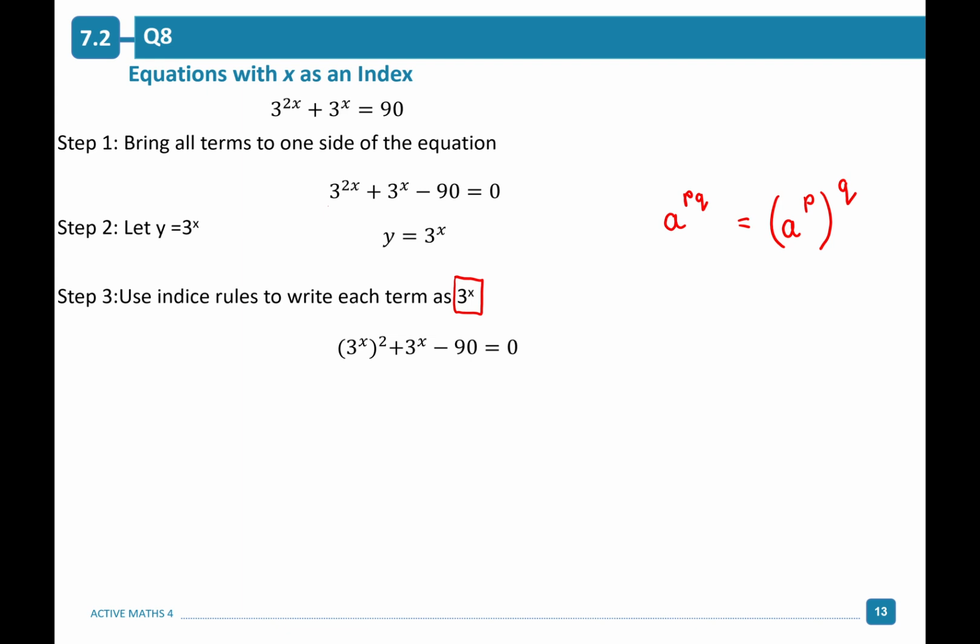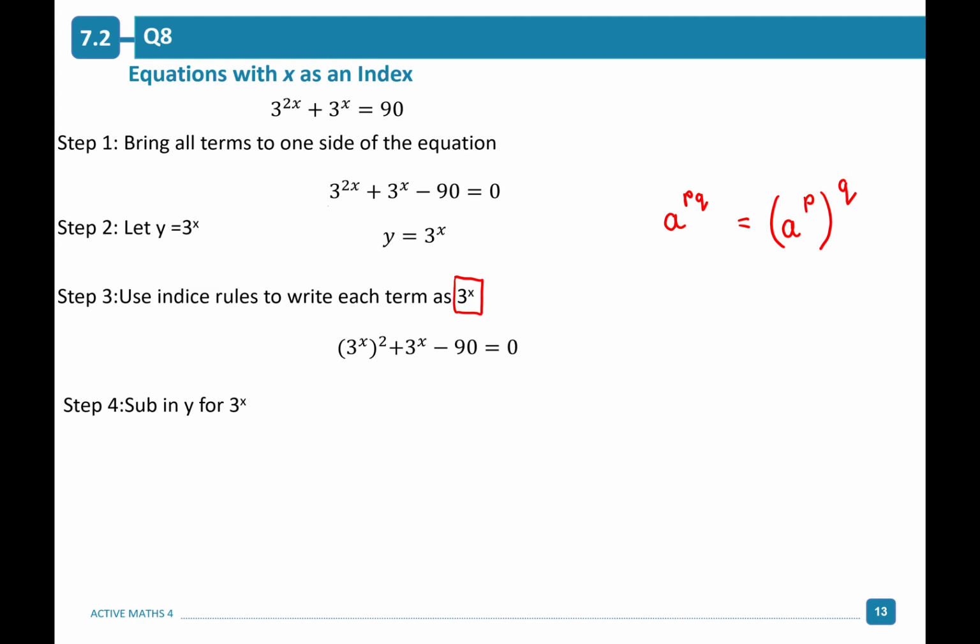So 3 to the power of 2x can be written as 3 to the power of x all squared plus 3 to the power of x minus 90 equals 0.